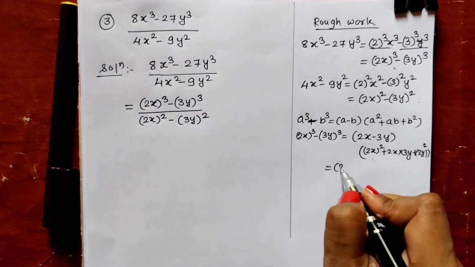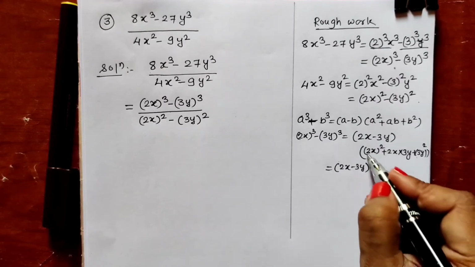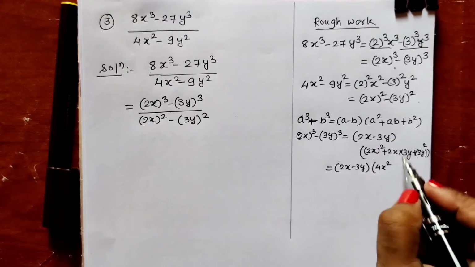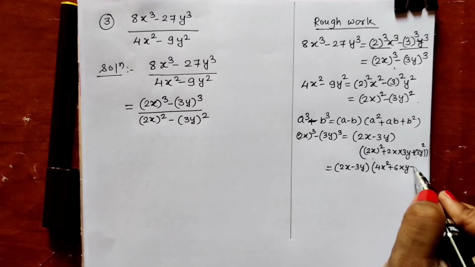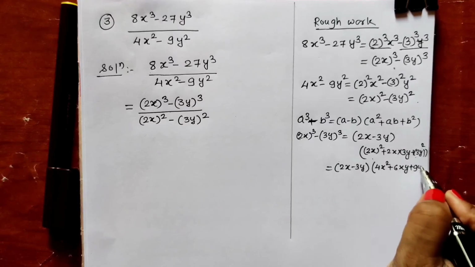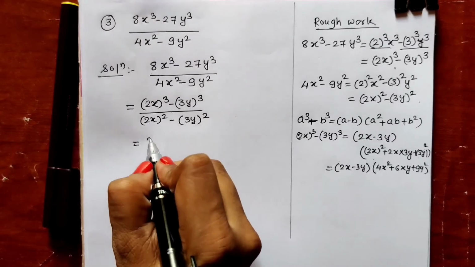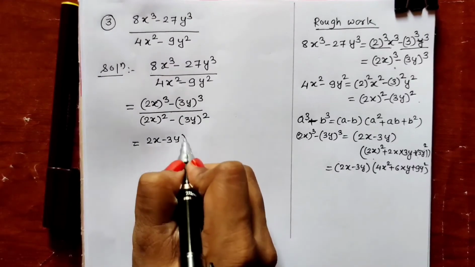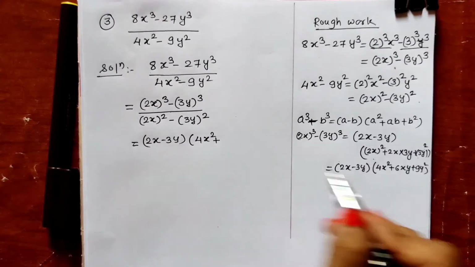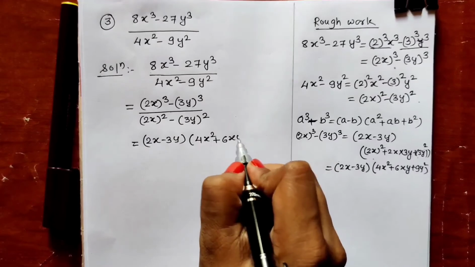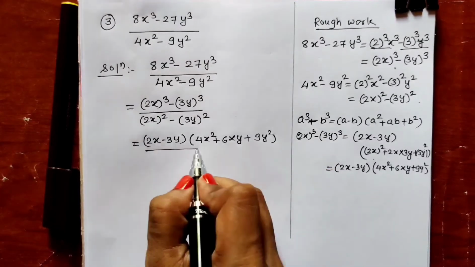The first bracket will be as it is, 2x minus 3y, and in the second bracket what will be there? 2x square, 2 square is 4, so 4x square plus 3 2s are 6xy plus 9y square. So this answer we have got here, 2x minus 3y in the first bracket, and in the second bracket we have got 4x square plus 6xy plus 9y square upon.